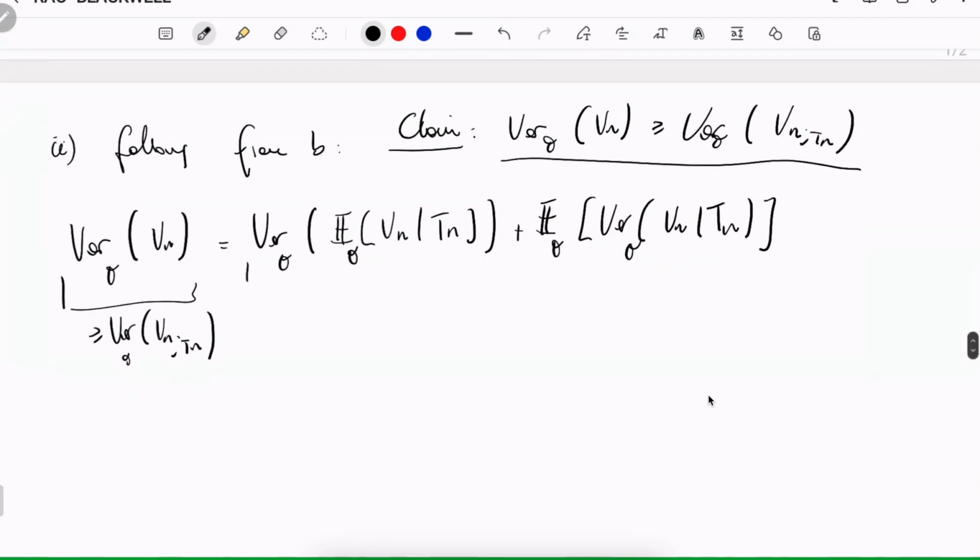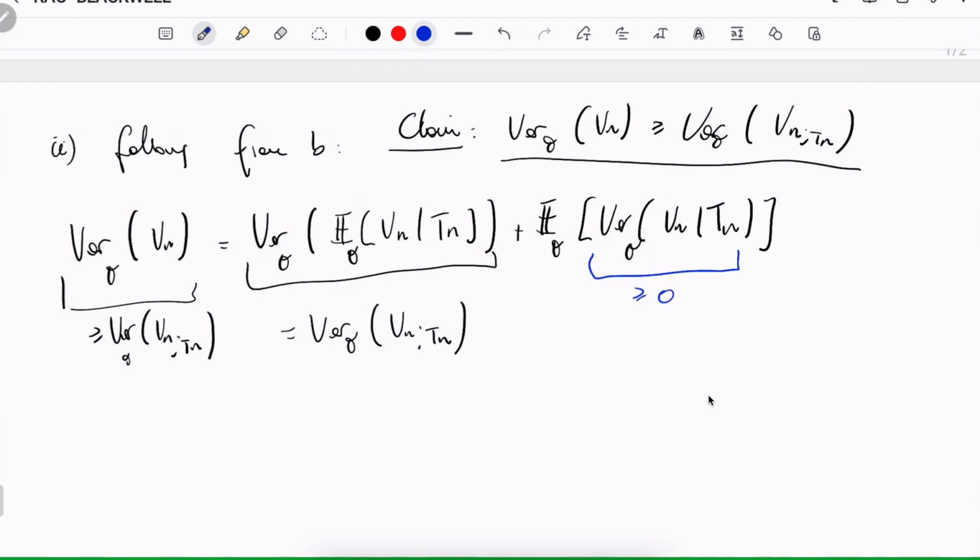Awesome, but this is equal to the expectation over Tn of this variance. This is a non-negative function of Tn. Perfect. The expectation of a non-negative function is non-negative, and this comes mainly from measure theory.